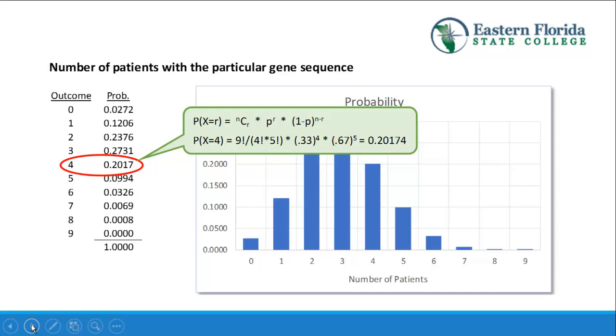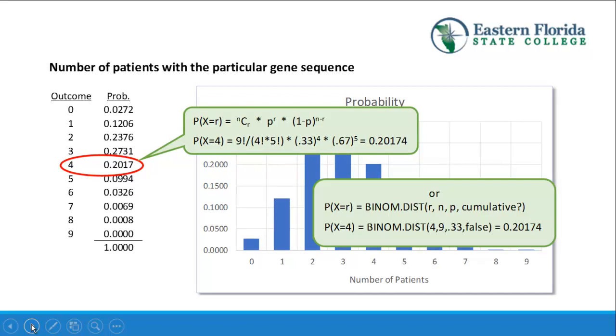Now, this is a rather difficult and cumbersome calculation. We can use the power of Excel, however, to calculate this for us. All we need to do is tell Excel that we have a binomial distribution and we need these 3 input parameters to define the distribution. Here's how it's done in Excel. We identify that we need a binomial distribution calculation.